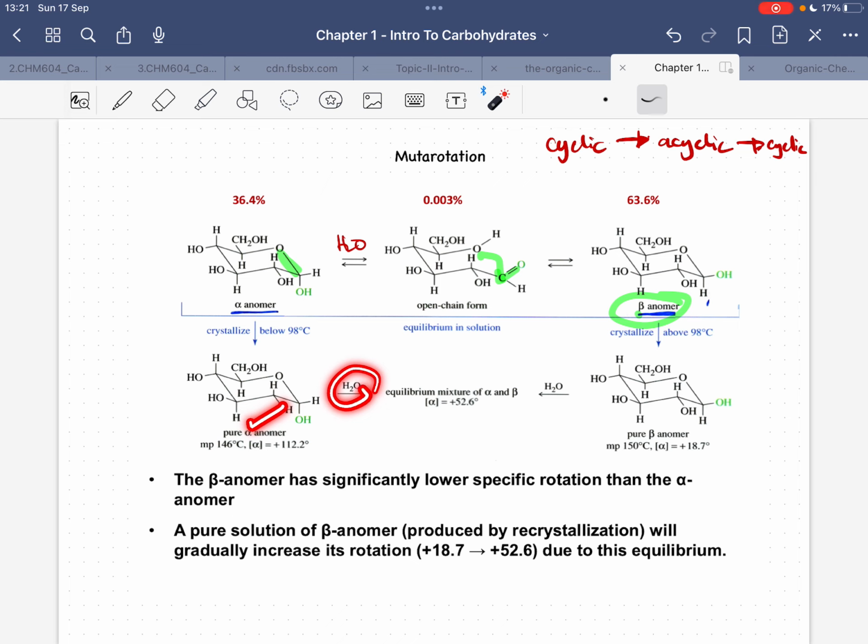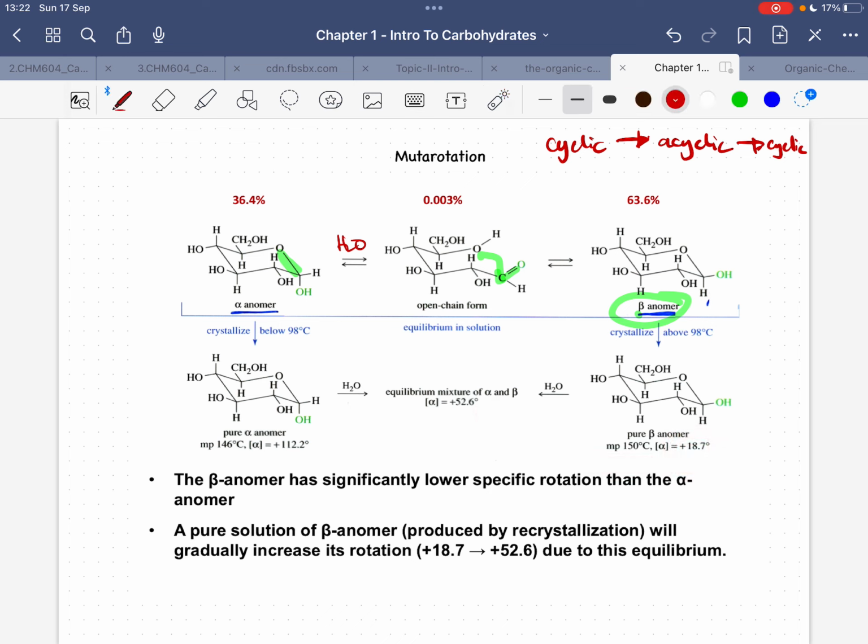sorry, not 48 hours, but let's just say 1 hour. You leave it for 1 hour. For 1 hour, it becomes a beta anomer. But its specific rotation now becomes 18.7 degrees. Okay? But if you dissolve this alpha anomer in water for, let's just say, 48 hours, a really long time, this 18.7 will eventually become 52.6.